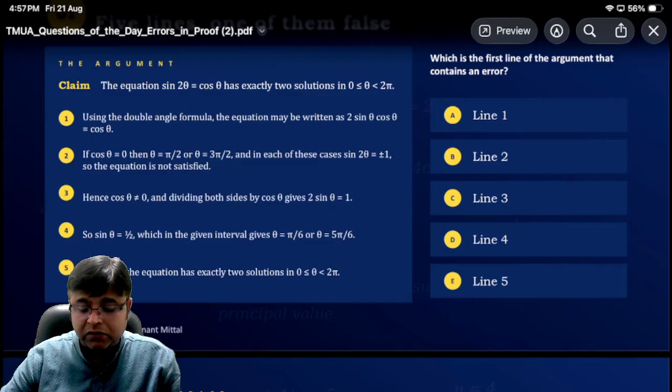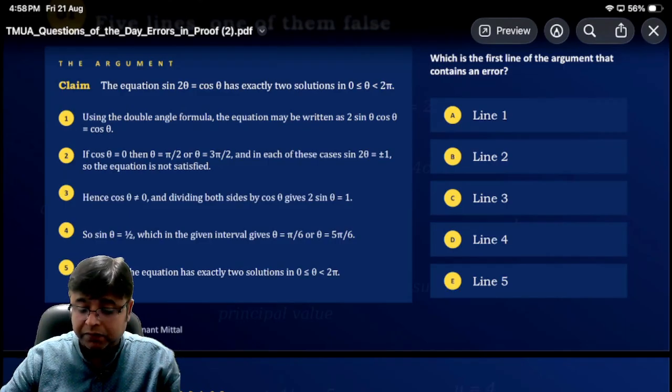If cos theta is 0, then theta is equal to pi by 2 and theta is equal to 3 pi by 2. This is also right. And in each of these cases, sine 2 theta becomes plus minus 1. Now, this is a little fishy because this does not tell me anything about sine 2 theta being plus minus 1, right?